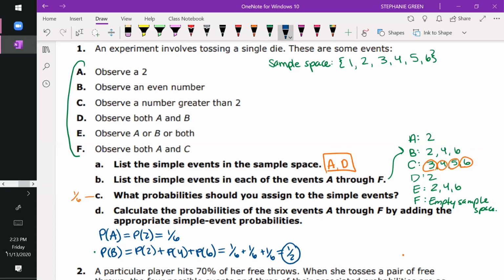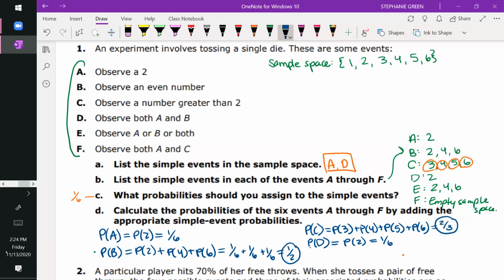The probability of event C is the probability of a 3 plus a 4 plus a 5 plus a 6. So that's 1/6 plus 1/6 plus 1/6 plus 1/6, or 4/6, which is 2/3. Probability of event D is just the probability of 2 again, which is still just 1/6.